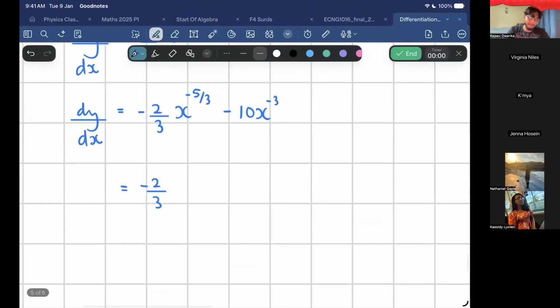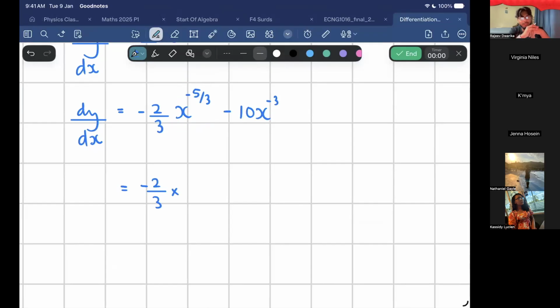All right. Okay, bye. Before you go, Cassidy. I could write x to the power negative 5 over 3 as what? When you see a negative power, what do I mean?